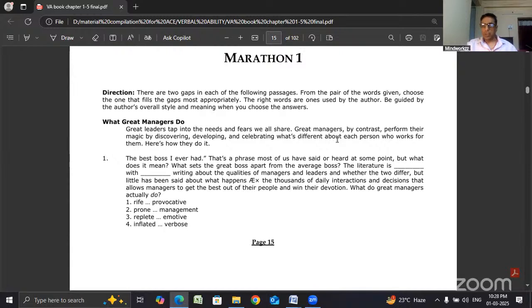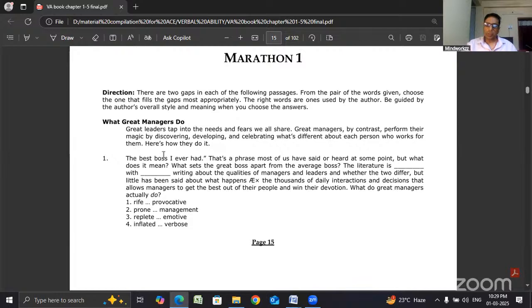A manager's life revolves around encashing the differences in perspective. That is what great managers do, by discovering, developing, and celebrating what's different about each person who works for them. Here is how they do it.